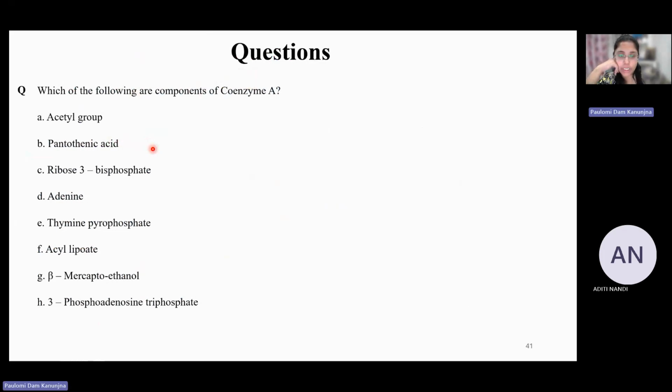C, which is ribose 3-phosphate. Okay, the answer is B, D, and H.